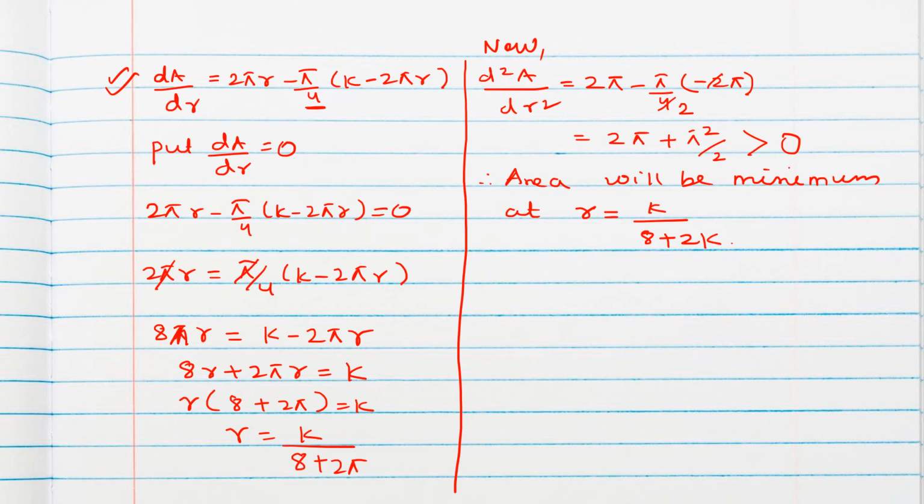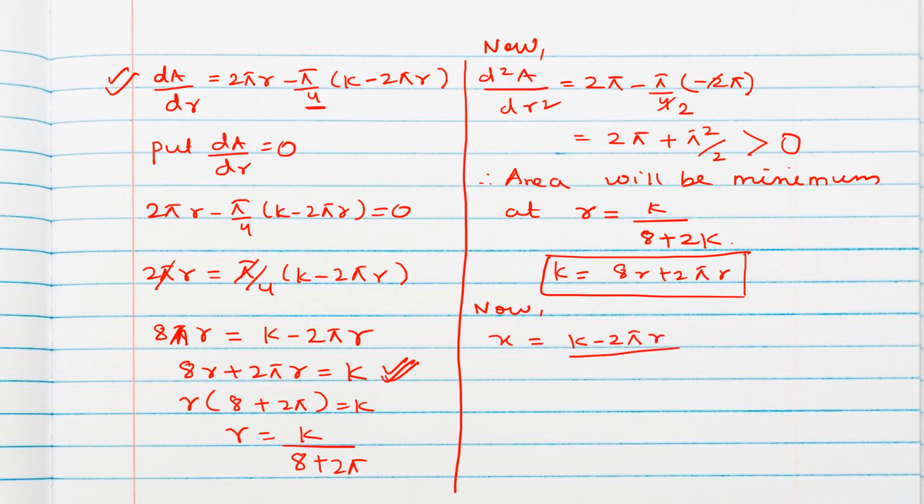Okay, now what we have to show? We have to show that side of a square is double the radius of the circle. So from this expression, K value we can write. This is the K value. This we can use directly in the expression which is related with the side also. So we have one relation, x is K minus 2 pi r by 4.